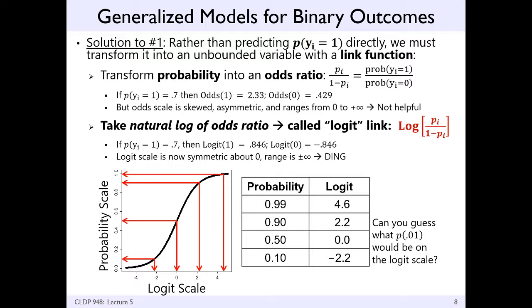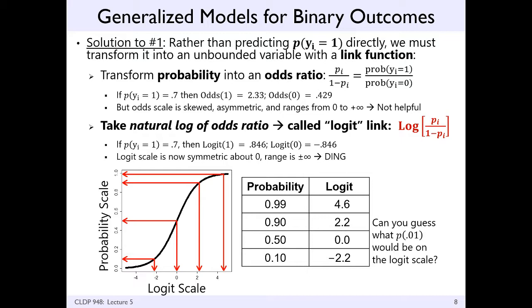It's a log of the odds of the probability of a 1. What it does is create a new kind of outcome that is continuous and unbounded. So on the logit scale, for our new red outcome here on the x-axis, I have it plotted against the probability of a 1 on the y-axis. When you're at 50-50, 50% probability, probability of a 1 is 0.5, probability of a 0 is 0.5, logit is 0.